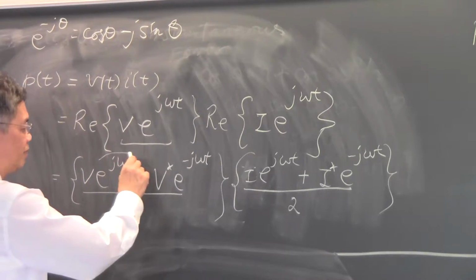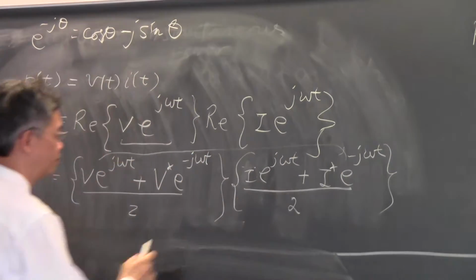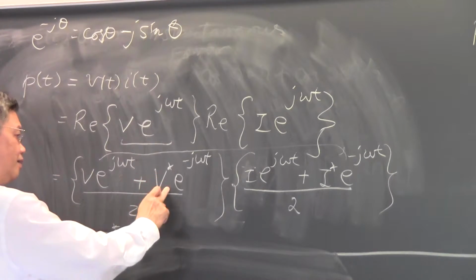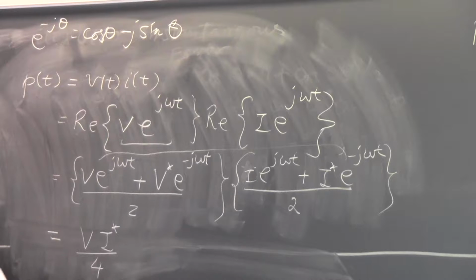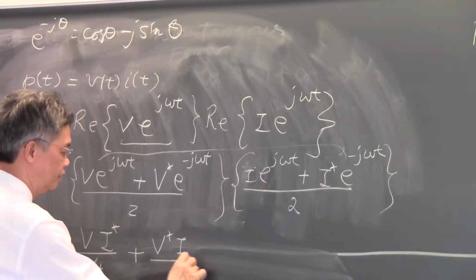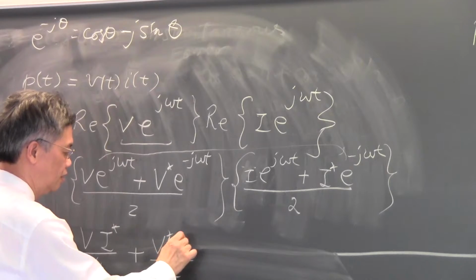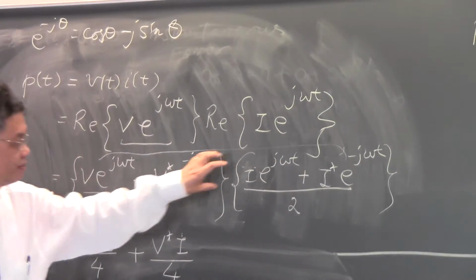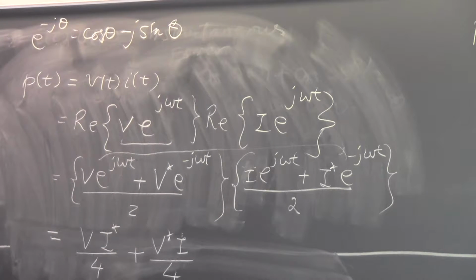So if I multiply this first term with the last term, I will get V I complex conjugate divided by 4. The e to the j omega t would cancel. And then I multiply this one with that term over there. I get V conjugate I divided by 4. Okay? This term times that term equals that. This term times that term equals that.